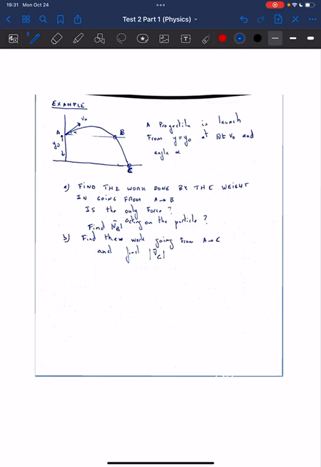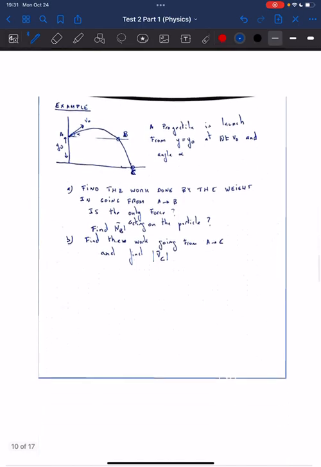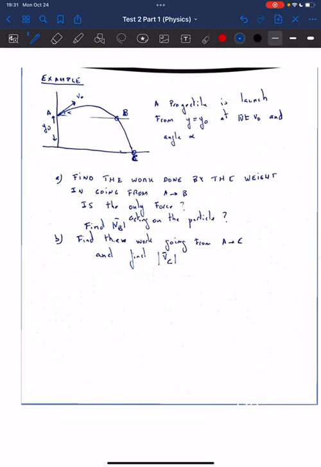We are to find the work done by the weight in going from A to B. Is it the only force? And then we have to find the velocity V acting on the particle.